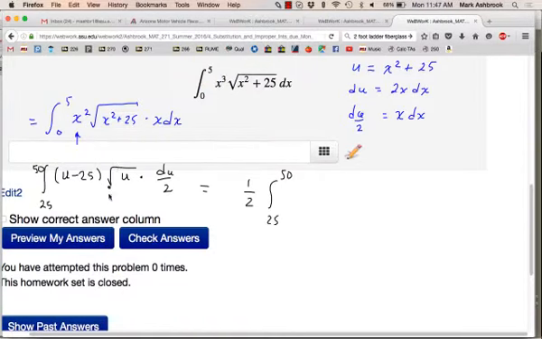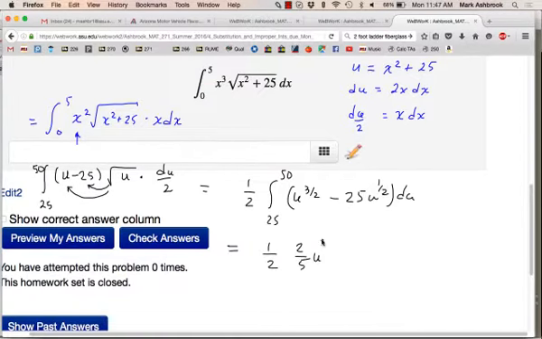And what happened with a lot of these is that now, with the single term under the square root, we can now multiply. And so we got u to the 3/2 minus 25 u to the 1/2. So 2/5 u to the 5/2.